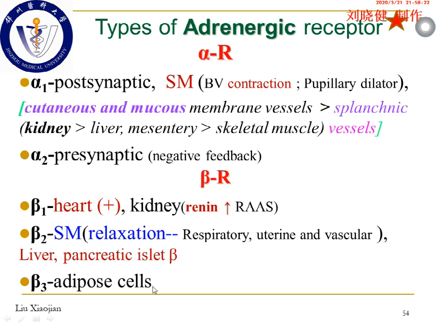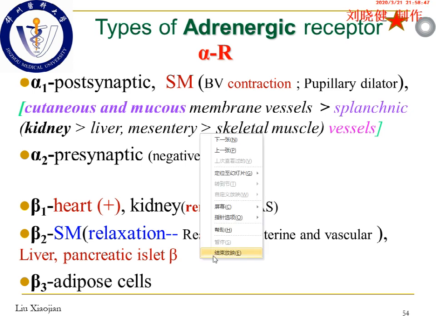It also relates to metabolism. So try to remember their distribution and their function. If you know this content well, the pharmacological effects of adrenergic receptor agonists and blockers are very easy to presume and remember. Okay, that's the end of this section.